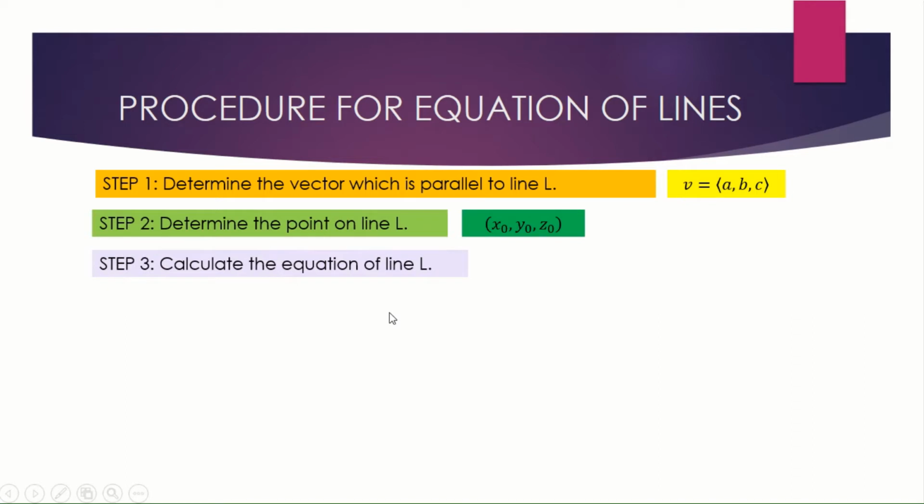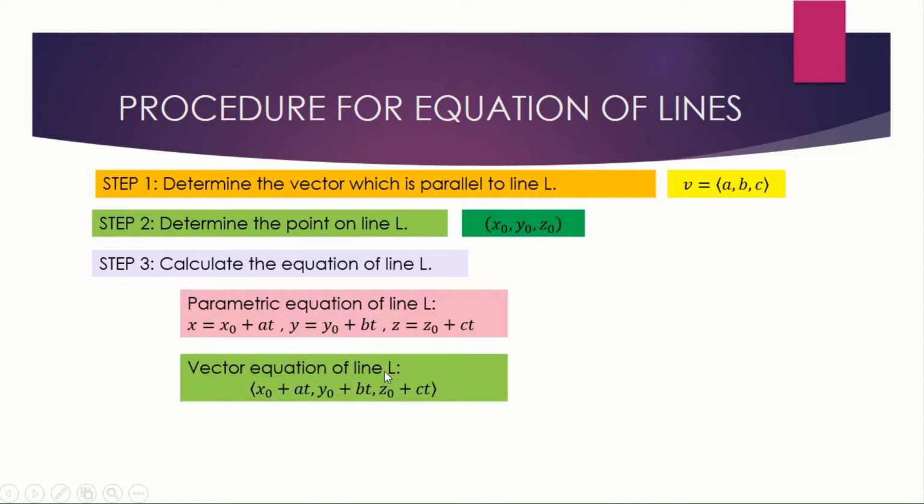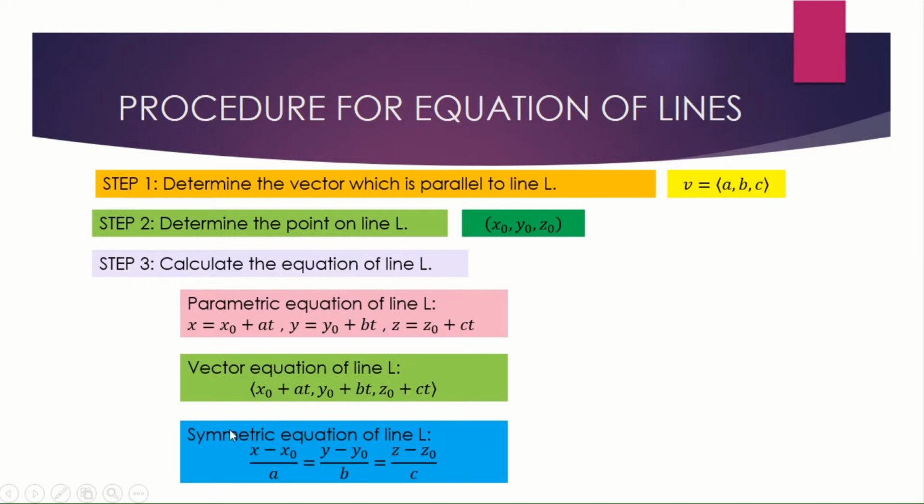Therefore, we can write the equation of line L. The parametric equation is x equals x naught plus at, y equals y naught plus bt, z equals z naught plus ct. This is the vector equation of line L, and lastly, this is the symmetric equation of line L. It depends on what is needed, whether we give the symmetric, parametric or vector equation.